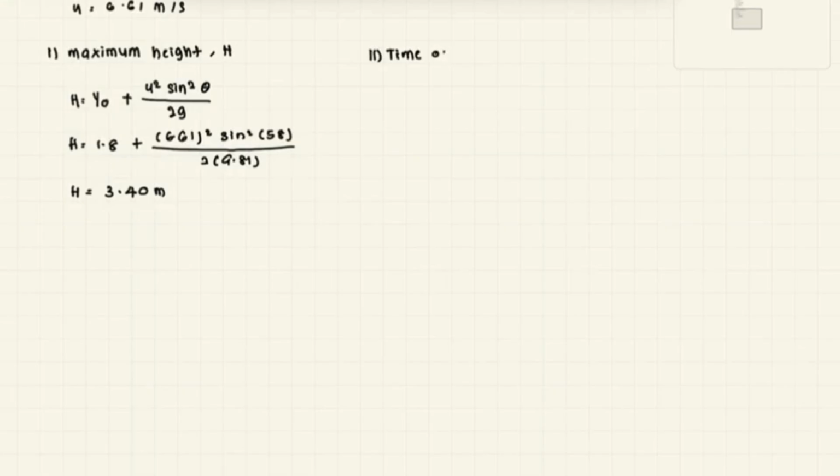Next, we calculate the time of flight, which is the total time the ball stays in the air. Using the right formula, you will get T equals 0.29 seconds. This means the ball takes approximately 0.29 seconds to travel from the player's hand to the hoop.